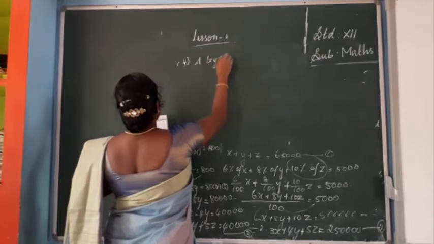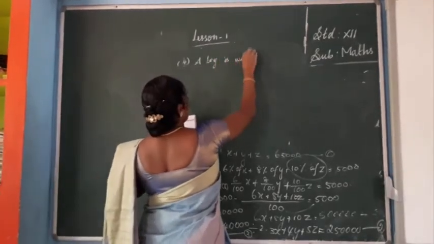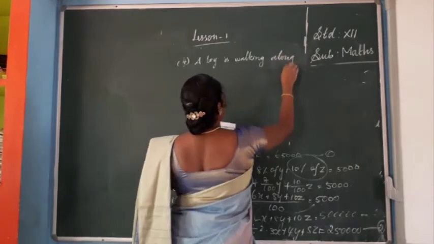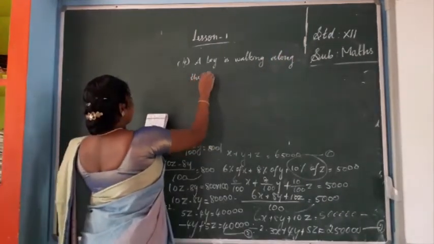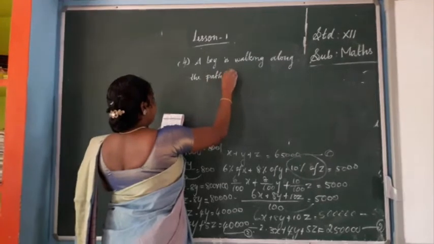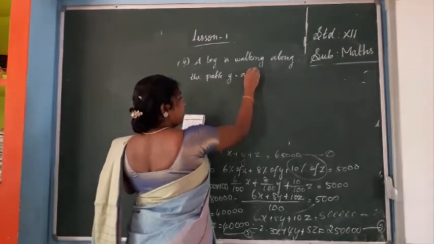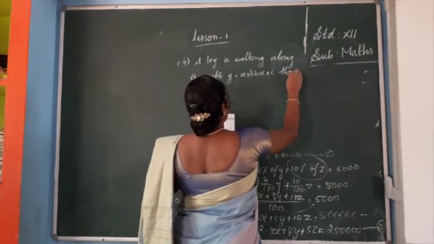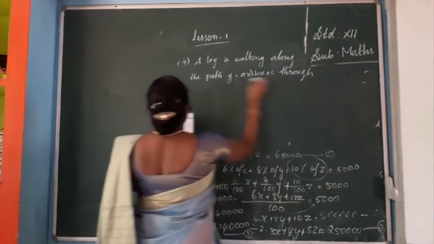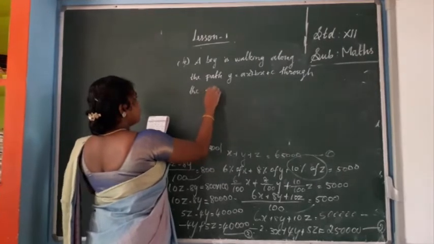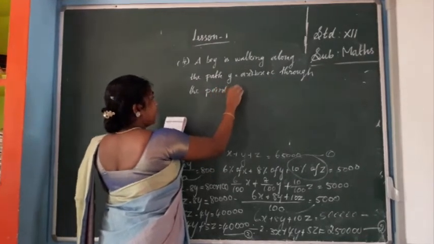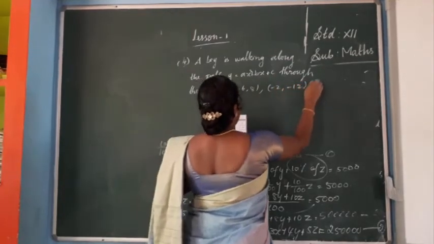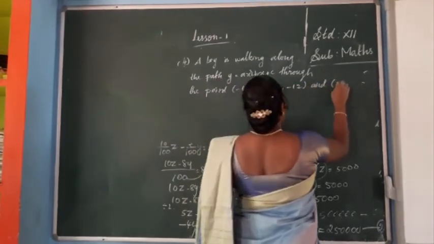The boy is walking along the path y equal to ax square plus bx plus c through the points minus 6 comma 81, minus 2 comma minus 12 and 3 comma 8.